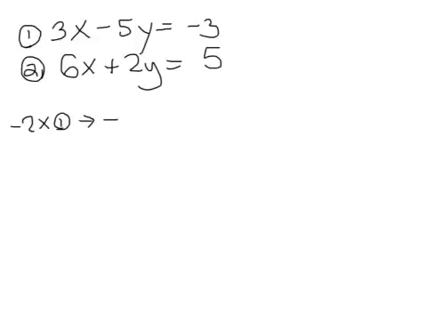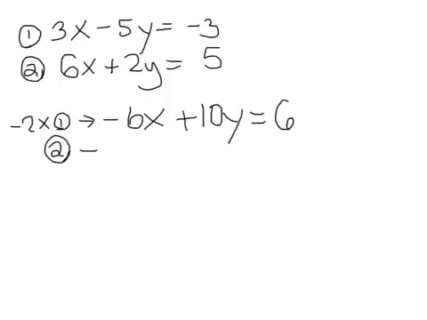So you would get -6x plus 10y equals, and then multiplying -2 by -3 is 6. Now if we just recopy equation 2 from above, we would have 6x plus 2y equals 5.